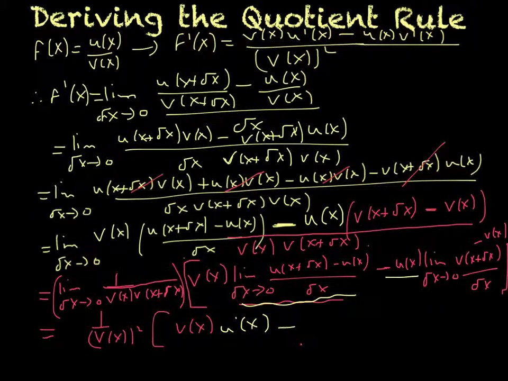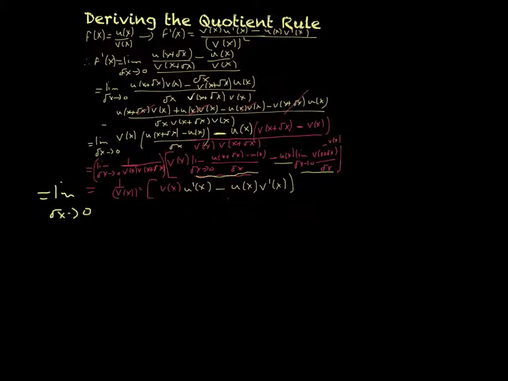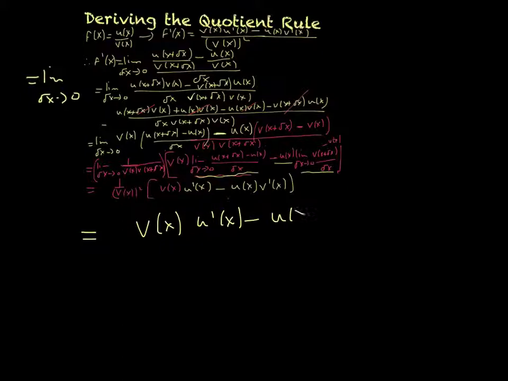Here we've got our minus u of x, and again this is the very definition of the derivative of v. And what we end up with, as we wanted, is v of x u prime of x, subtract u of x v prime of x, over v of x all squared.